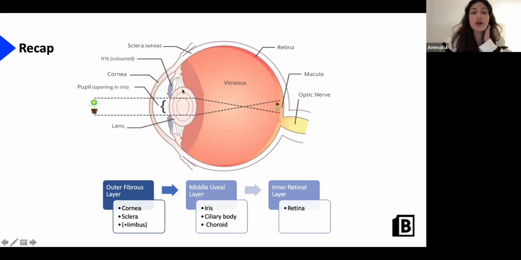Now, this is a lot of the time confused with the anterior chamber and the posterior chamber, but they're very different. If we split it like this, this part is the anterior segment, this part is the posterior segment. This is the anterior chamber in front of the iris, and then behind the iris, we have the posterior chamber.